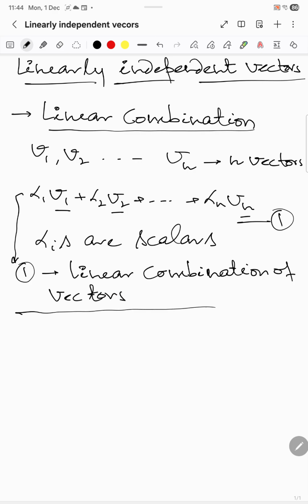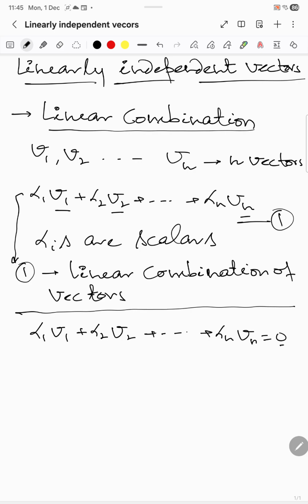Okay, so in order to check whether the given vectors are linearly independent or not, the idea is we equate this equation 1 to 0. So we just consider alpha 1 v1 plus alpha 2 v2 up to alpha n vn is equal to 0.